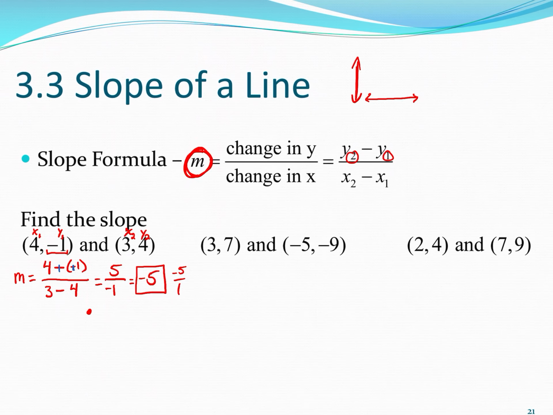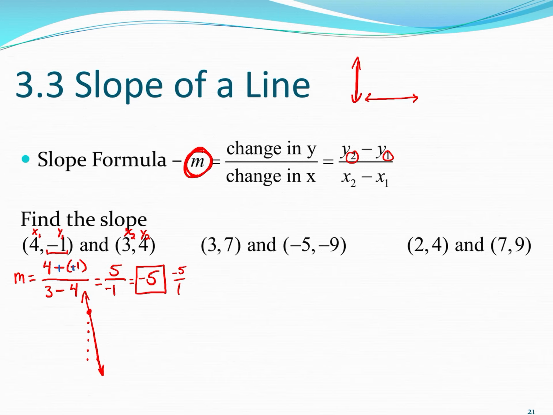So our mental picture looks like this. If you go down 1, 2, 3, 4, 5, and then right 1, we're going to have a line that looks something like this from a steepness standpoint.